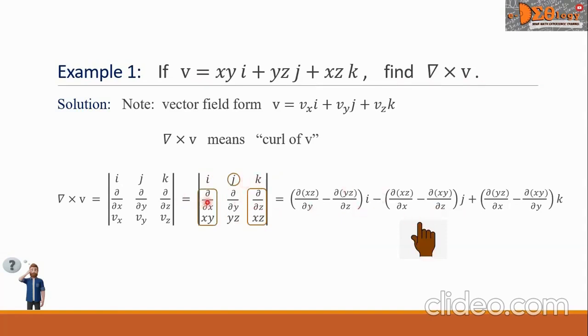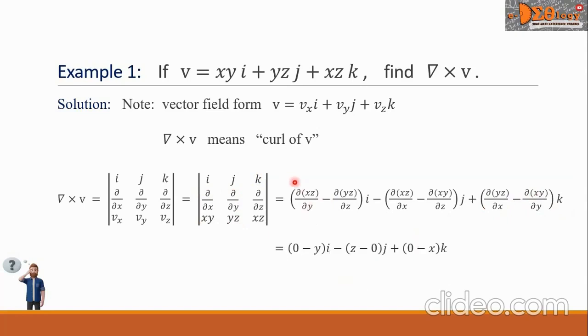Then partial derivative of xz with respect to x minus partial derivative of xy with respect to z, plus component k is here, then partial derivative of yz with respect to x minus partial derivative of xy with respect to y.